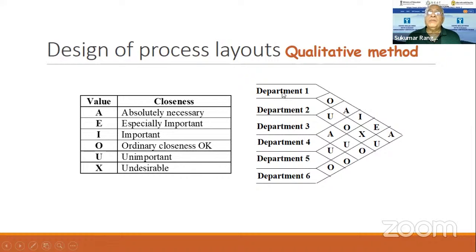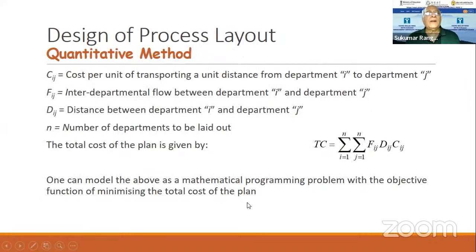For this department, this may not be necessary. For this department, this is extremely important. So you create a matrix like this, and then design the layout which is optimum for all the departments. So this is a qualitative method.